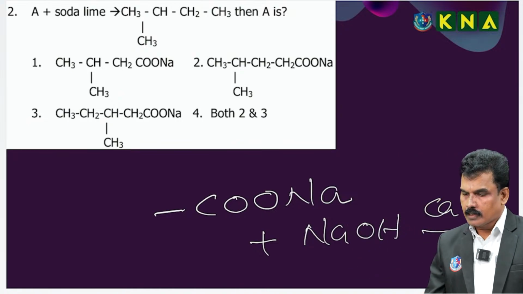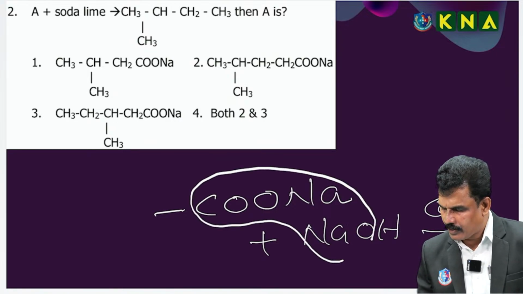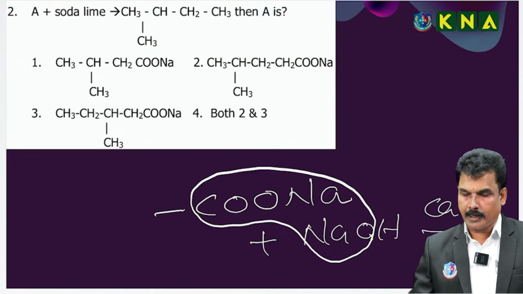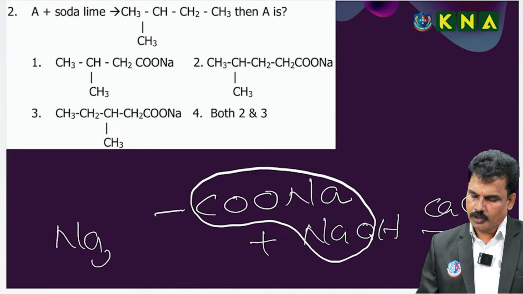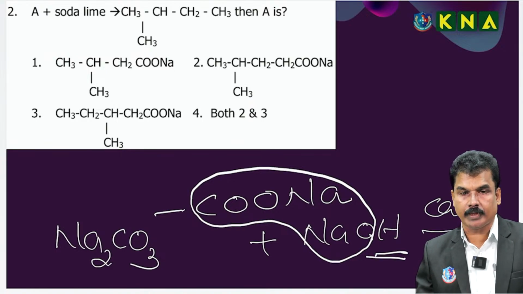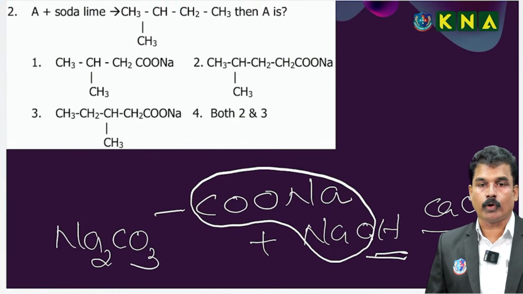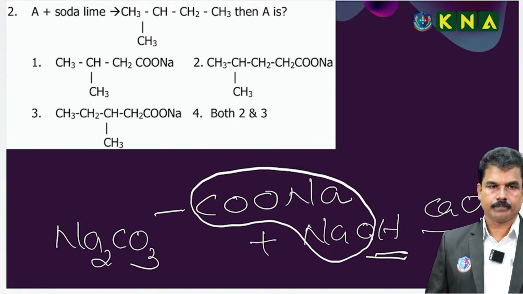When it is added, with this sodium hydroxide, this COONa is removed as Na2CO3, sodium carbonate, and the remaining one hydrogen will be added to the remaining alkyl group. So you are getting a hydrocarbon.